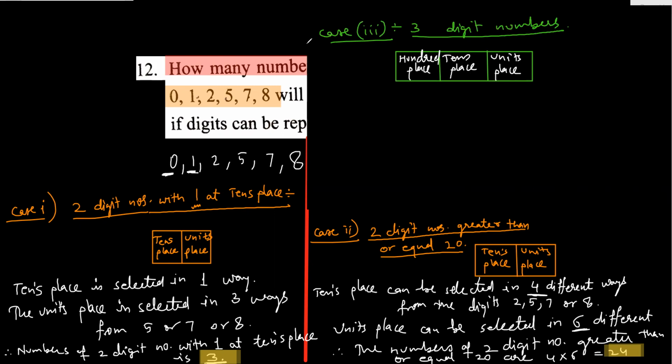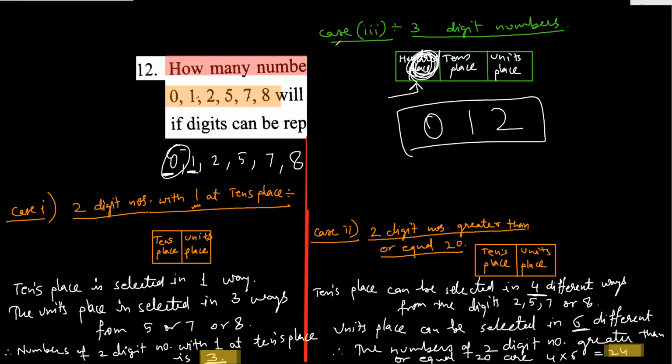Yes. Now what? Is there any condition? Yes. For the hundreds place, there is a condition. What? See, students, you cannot have 0 here, because if it is 0, say you write 0 and then 1, 2, it is not a 3-digit number.